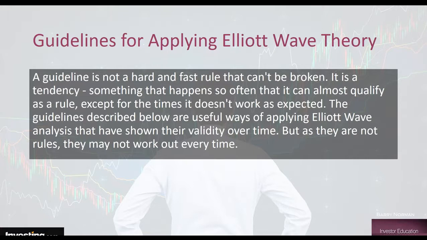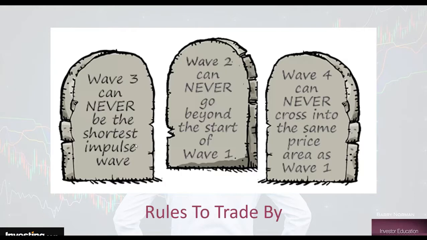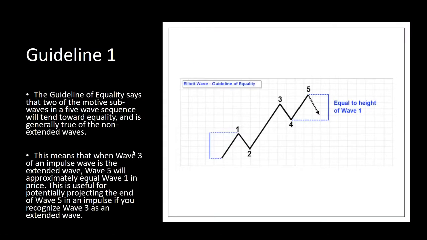But as they are not rules, they may not work out every time. So we have rules to trade by, and then we have guidelines. Let's break down the guidelines.